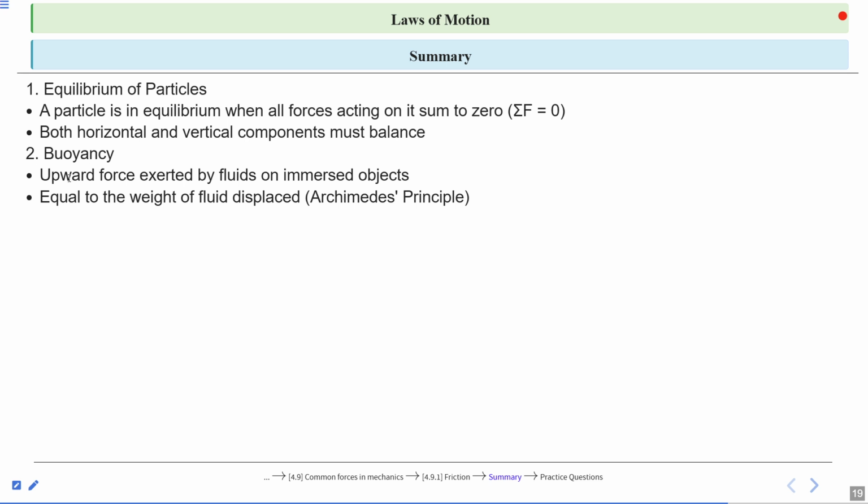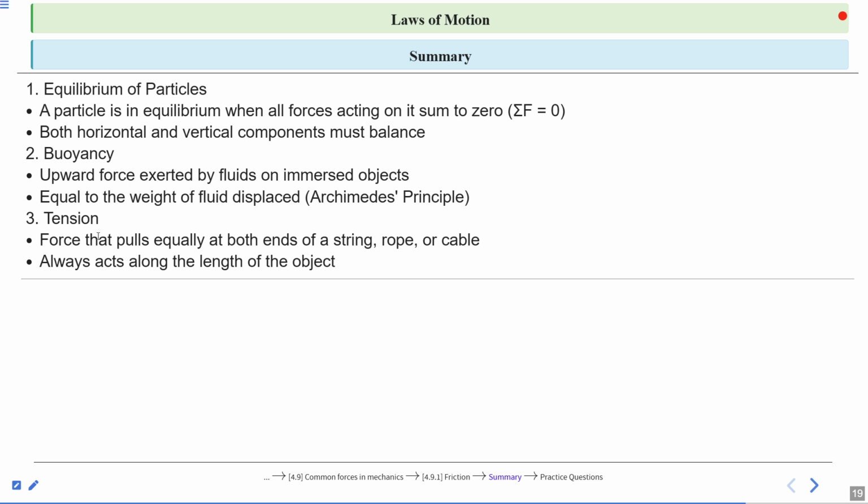Buoyancy acts vertically upward, and it is the force exerted by fluids on immersed objects, equal to the weight of the fluid displaced according to Archimedes principle. Tension. Force that pulls equally at both ends of a string, rope or cable. Always acts along the length of the object.